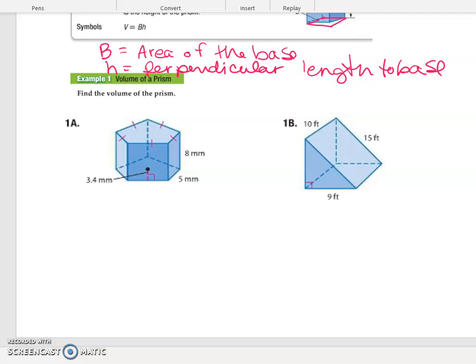Okay, so for the first one, it looks like a pentagon, so a pentagonal prism, and we want to find the volume. So area of the base times height, which means we need the area of the base. The base is a pentagon, so we're going to find the area of this pentagon. A pentagon has 5 sides, so we're going to have 5 tiny little triangles in here.